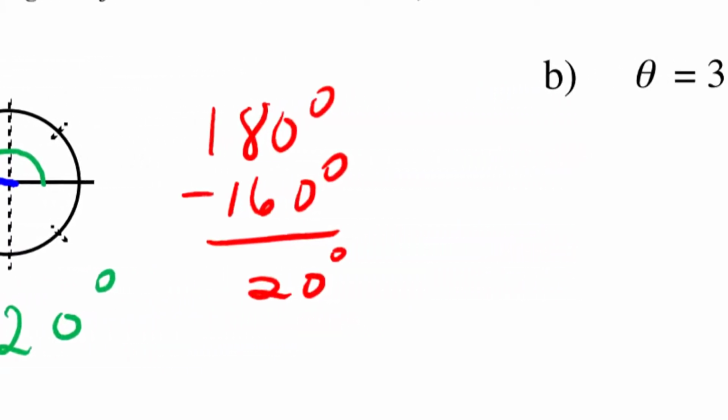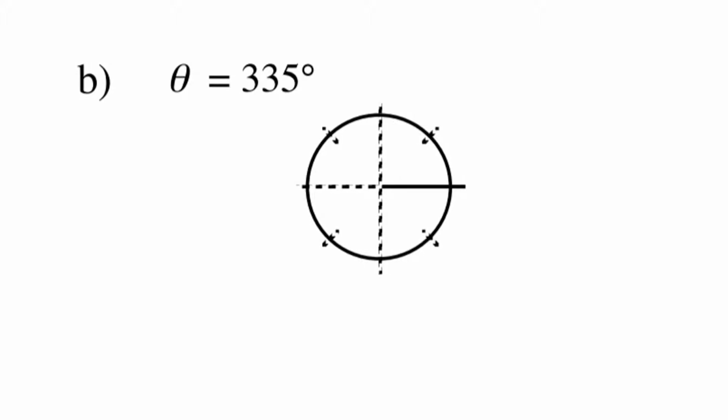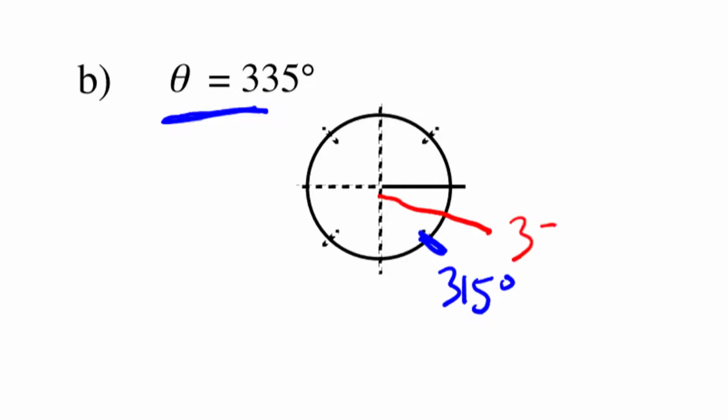Let's take a look at the next example. Here, theta is 335 degrees. That is in quadrant 4, and it's very close to 315 degrees. So 335 is more than 315. What we want to compare it to, though, is the x-axis, and in this case that means the 360 degree mark.